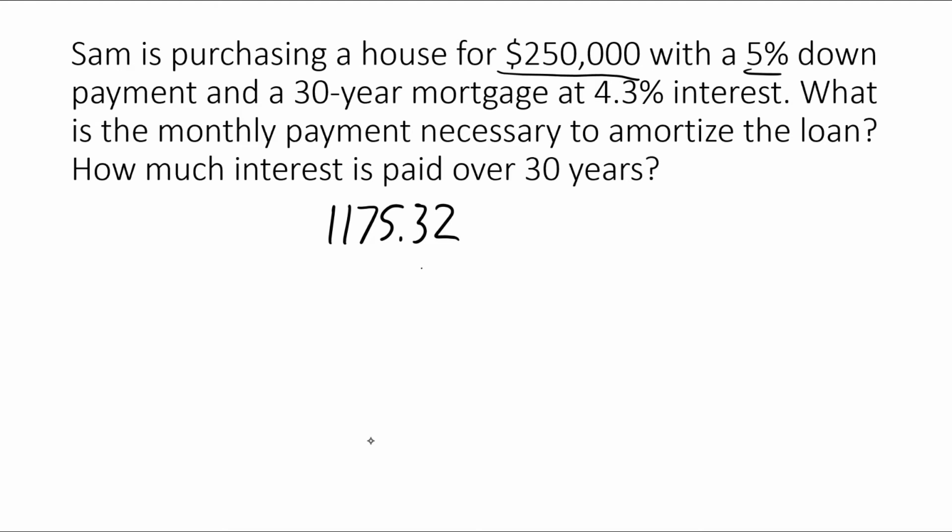The interest paid would be the difference between how much money Sam was given by the bank and how much money Sam gives back to the bank. So Sam is going to give $1,175.32 each month for 30 years, so times 360. That's the total amount of money that Sam would give to the bank.